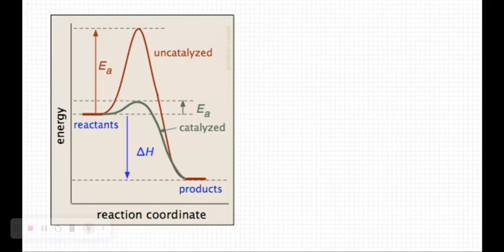In order to get the reaction started, we have to put in that activation energy. But then once it's started, it's going to proceed on its own. When we add a catalyst, we decrease the height of that hill. So we have to put in a lot less energy in the catalyzed reaction.